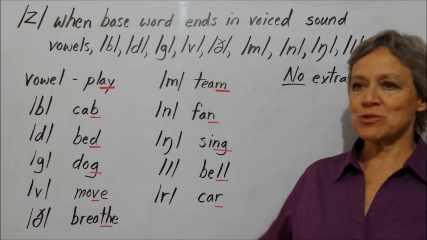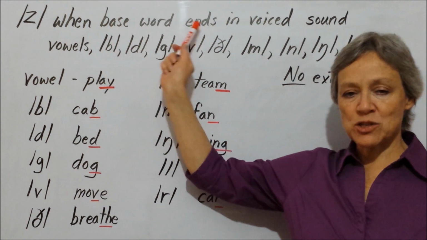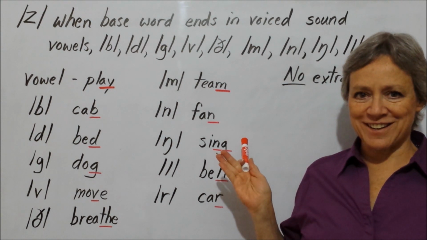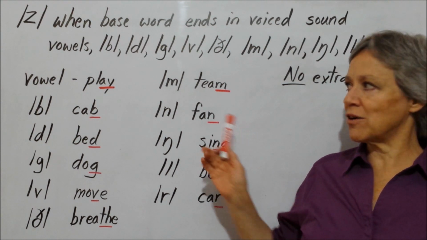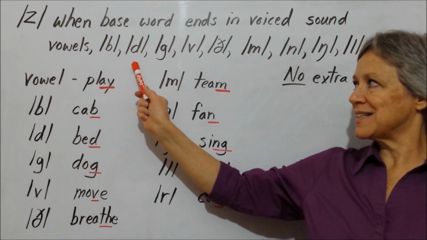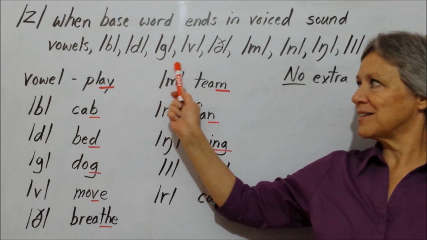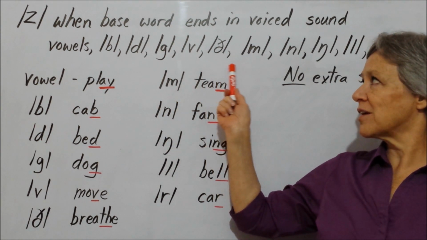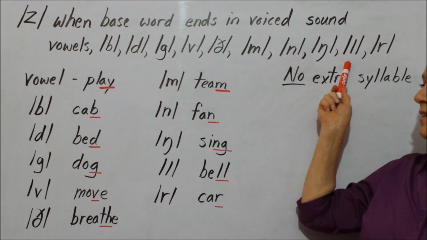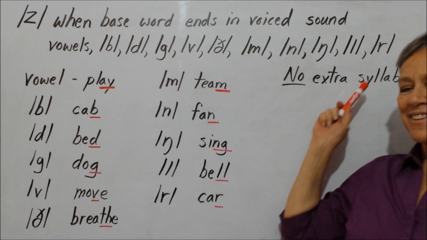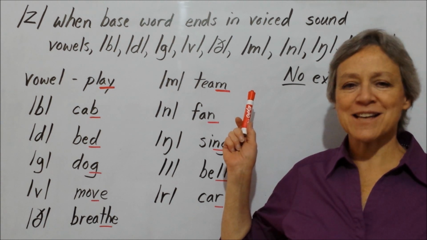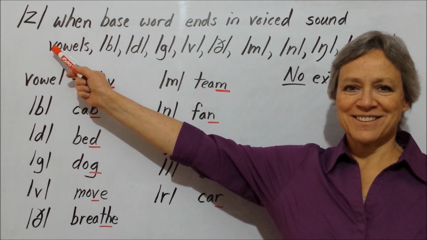The S ending sounds like Z when the base word ends in a voiced sound other than those that we have already seen. The voiced sounds are vowels, any vowel sound, B, D, G, V, M, N, L, R. So if the base word ends in any of those, then the S ending sounds like Z. Okay?